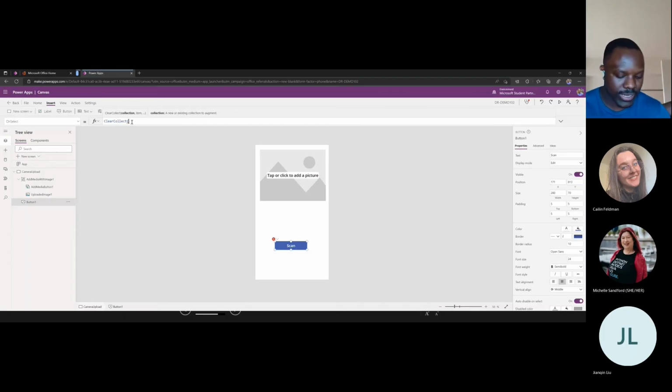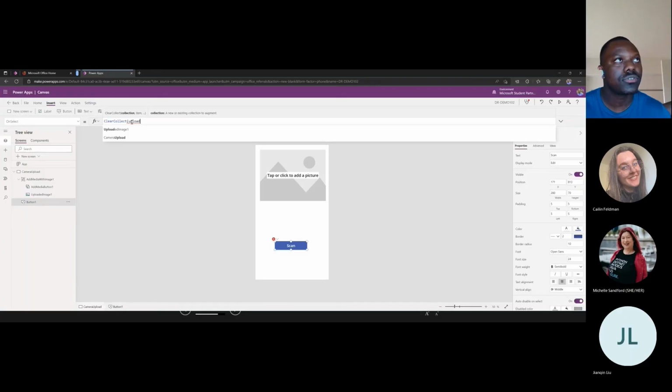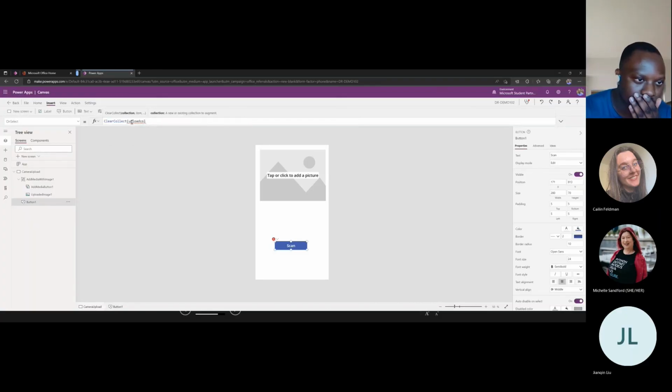So in this one, let's call it upload column. So that's gonna be the name of the temporary holding site for our image. So it's gonna be upload call. And so clear collect means every time you upload, it refreshes it. So that's the idea of clear collect.